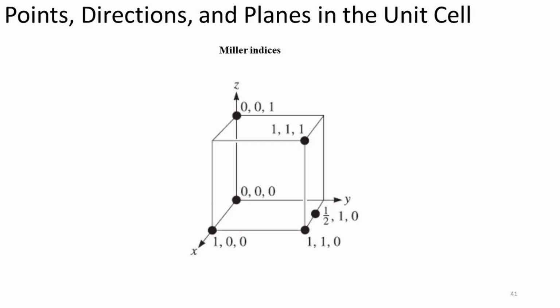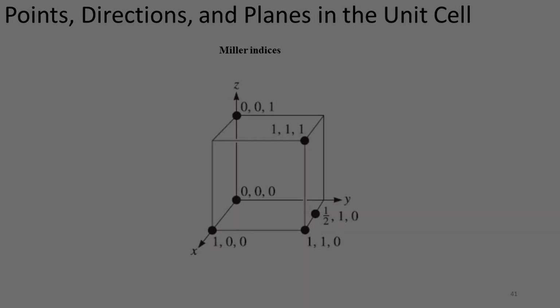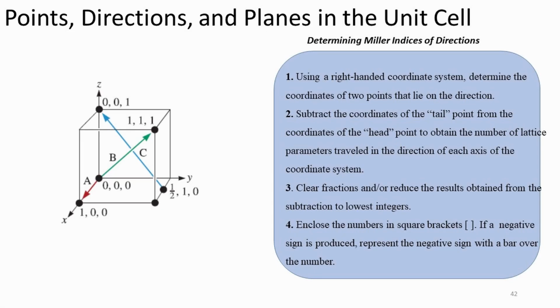We can locate certain points, such as the atom positions, in the lattice or unit cell by constructing a right-handed coordinate system. The coordinates are written as the 3 distances, as comma-separated numbers. Miller indices for directions are the notation used to describe the directions.